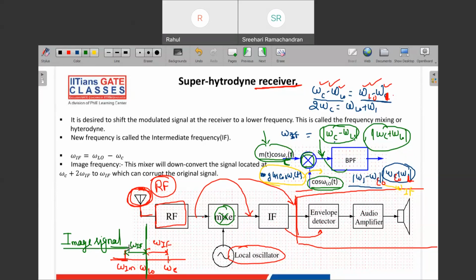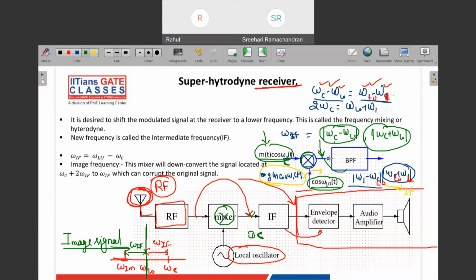Okay, so this is the superheterodyne receiver. We call it a superheterodyne receiver because when we down convert, we are not converting to DC. If you remember DSB-SC demodulation, when we down convert, omega c and omega LO have the same frequency, so it gets down converted to 0, centered around DC.